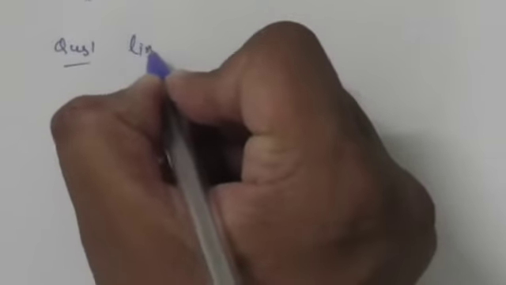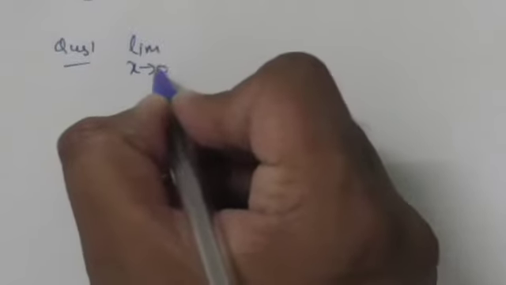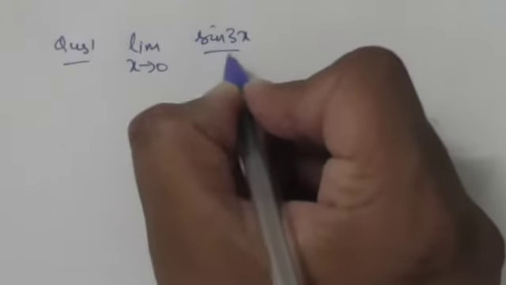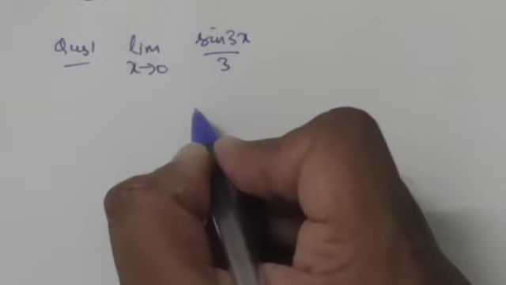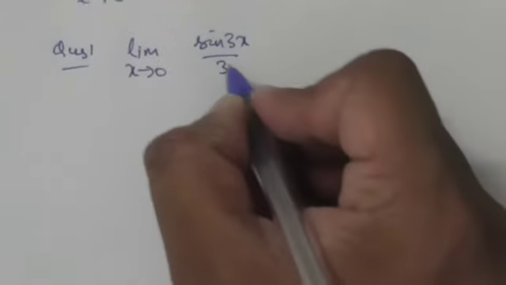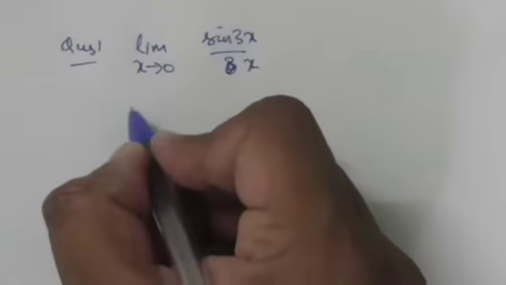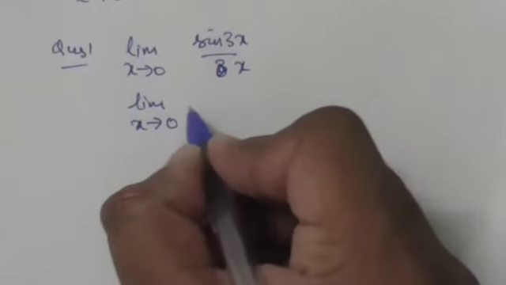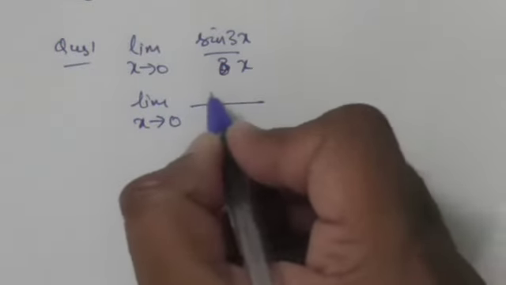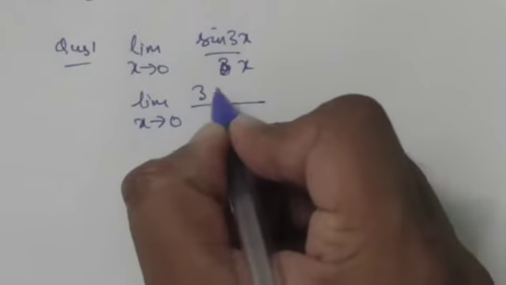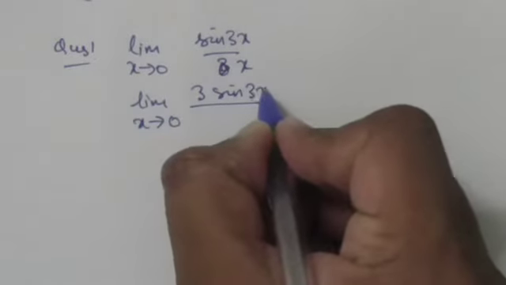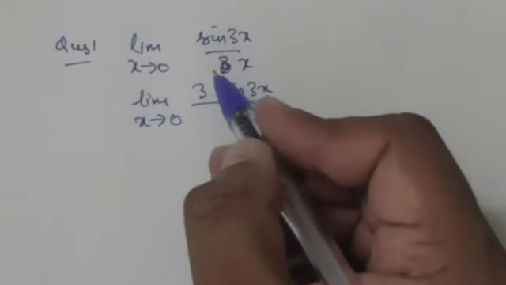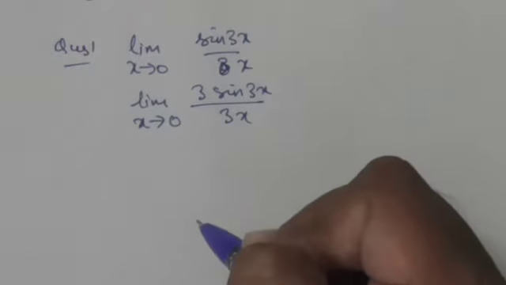We have to evaluate limit x tends to 0 sin 3x upon x. So in this case what we will do, we will multiply both numerator and denominator by 3. So we will have 3 sin 3x upon 3x. We have multiplied both numerator and denominator by 3.